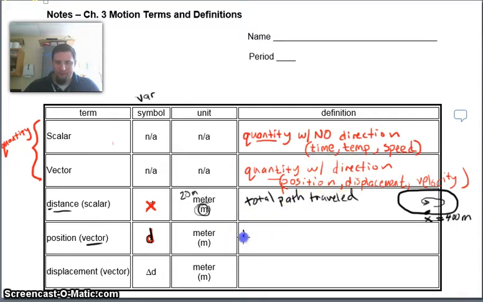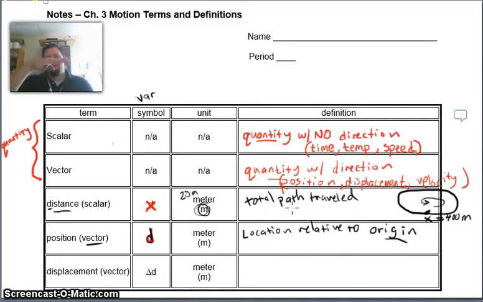So location relative to the origin. I'll talk about this more on Tuesday when I'm back in class, but you get to define what your origin is. The origin is just where the x and the y coordinates cross.